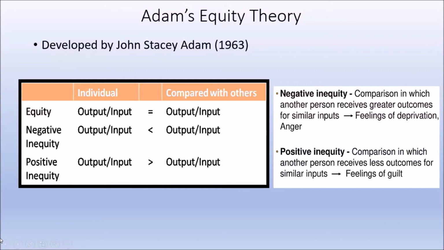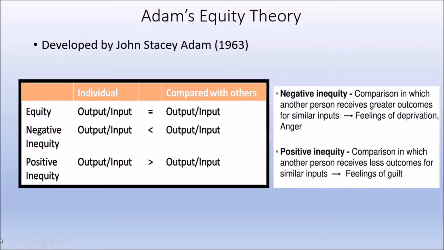And the consequences of not achieving the equity, or the consequences of the inequity at the workplace, either the output is greater than the input or the input is greater than the output, will lead to feelings of anger or maybe feelings of guilt.